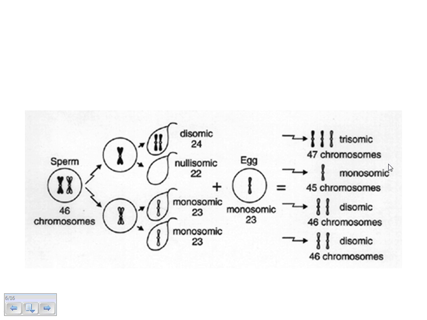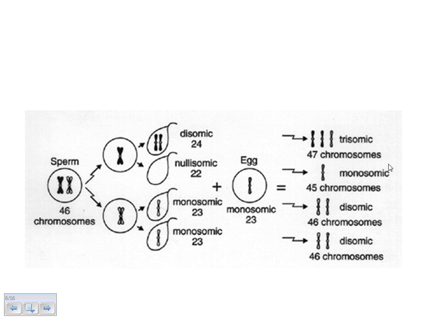Sister chromatids, right? Well, this one worked just perfect, right? This one, not so much. These went into the same cell. This one got none. So this one's nullisomic, none of that chromosome. This one is disomic, it got 2 of that chromosome. And these are monosomic, like they're supposed to be. They got 1 of each.